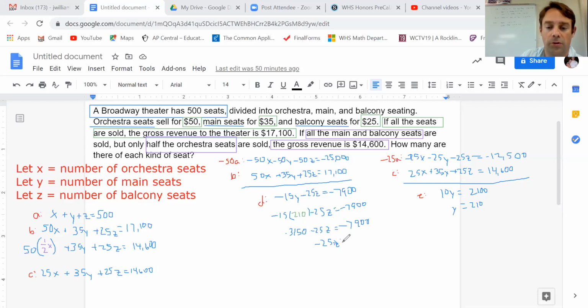Equals negative 4,750. Divide both sides by negative 25 and you get z equals 190. And then figure out how many of the other ones you had. So x plus y plus z is 500.